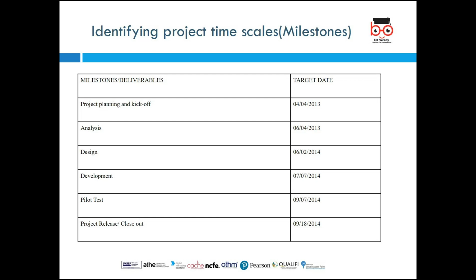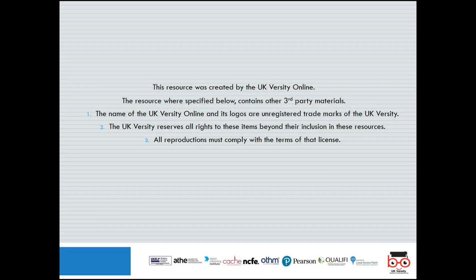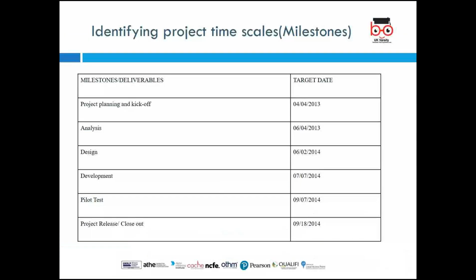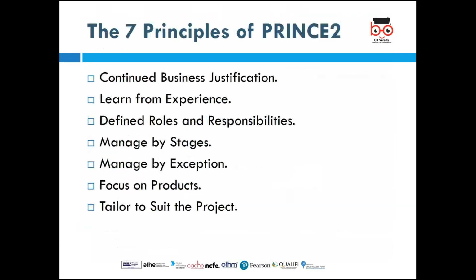So a project time scale or milestone is very, very important. We should be able to design a project time scale so that we will know when we will start our project and when we will finish our project. I think we'll be able to do justice to the project initiation.